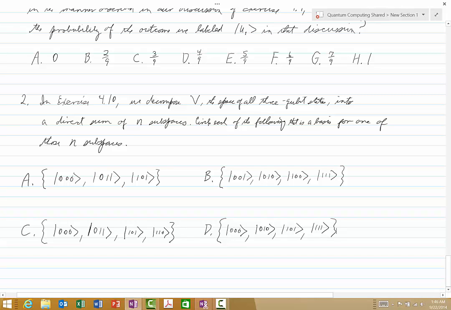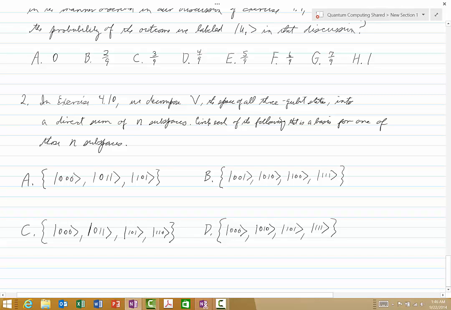But anyway, in exercise 4.10, we decomposed V, the space of all 3-qubit states, into a direct sum of n subspaces. So this is just what we've been doing in all the other problems. Circle each of the following that is a basis for one of those n subspaces.